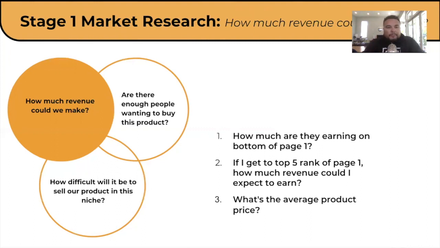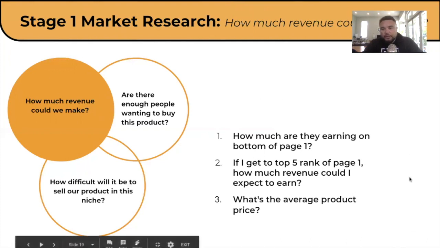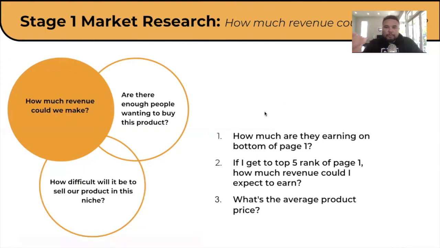So if we look at how much revenue we could make, we answer with our tools: how much are the competitors earning on the bottom of page 1? As an average, it gives us an indication of what we could realistically expect when we enter the market.